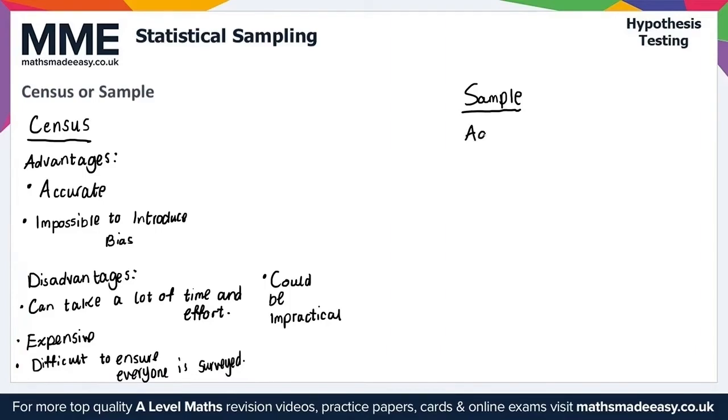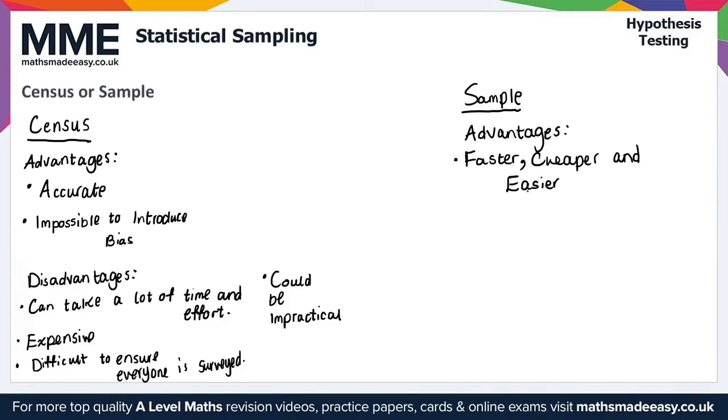For the advantages, we can note straight away that a sample is faster, cheaper, and easier than a census. That's one nice easy advantage.